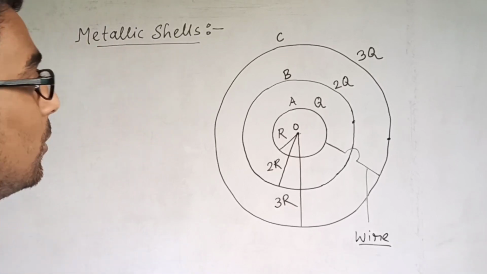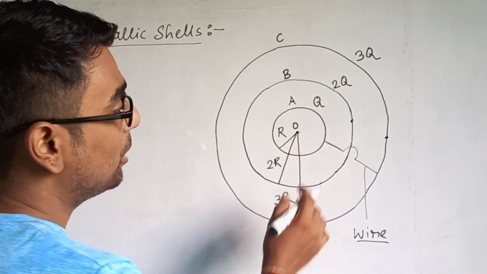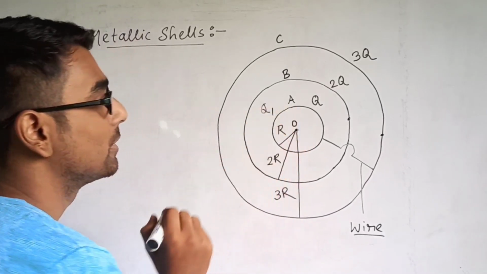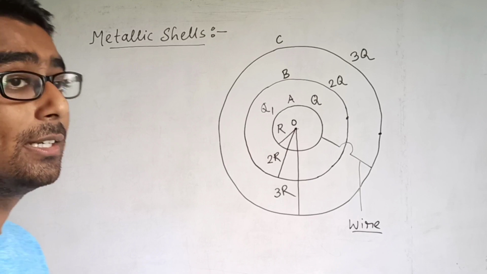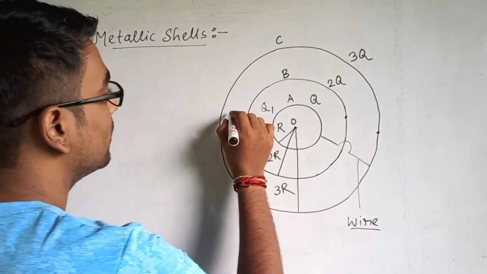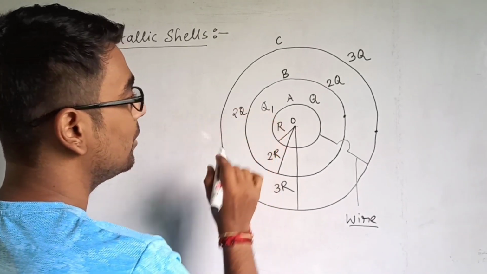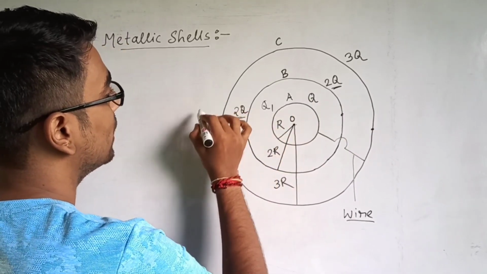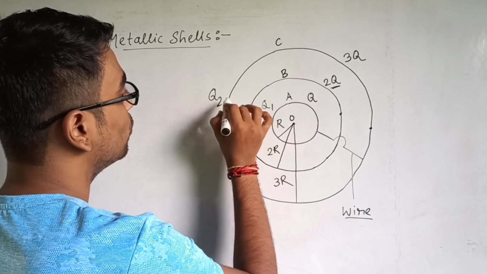Now, because of that, say Q1 be the charge at the inner shell, and in the middle shell it will be twice Q, as it is same, and on the outermost shell say it is Q2.